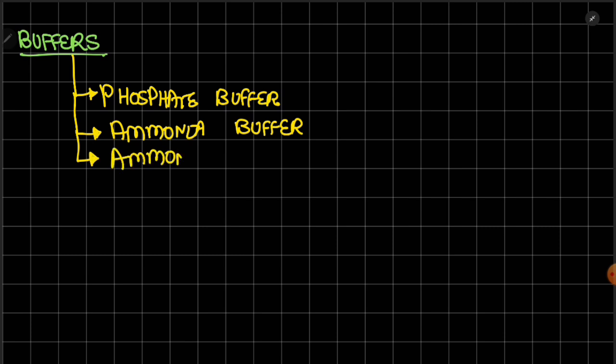So what is this? I will explain you. Why these two ammonia buffers? Basically one operates in the proximal tubules, and another operates in the collecting tubules.